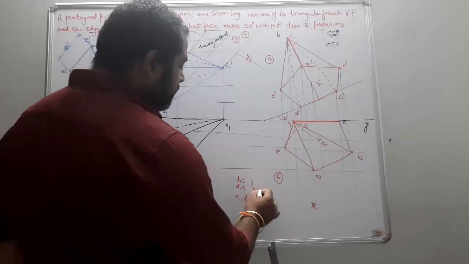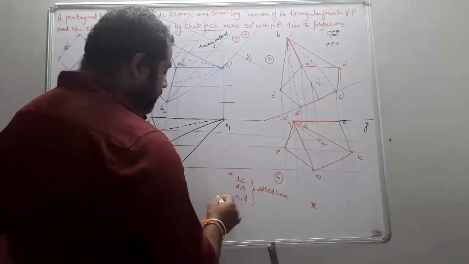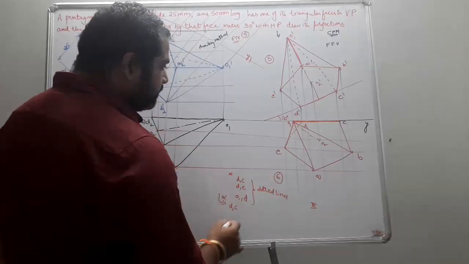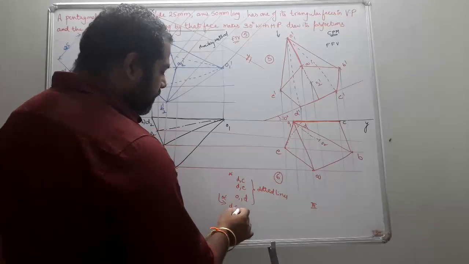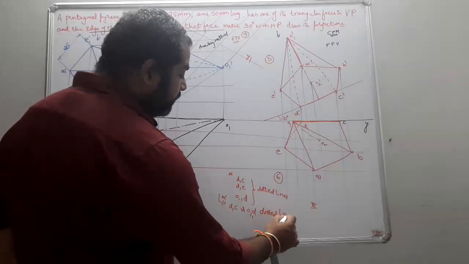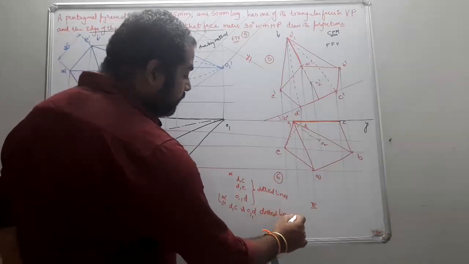But the main thing you have to see is that E comma C and O1 comma D dotted lines are hidden by the O1 comma C slant edge.